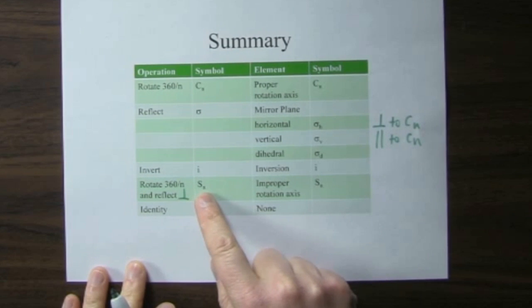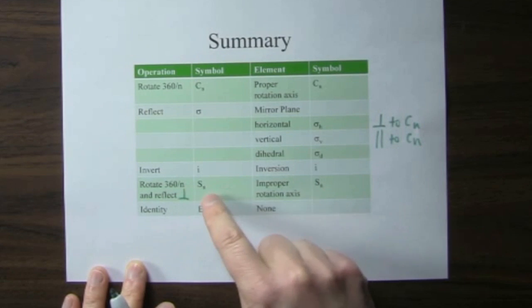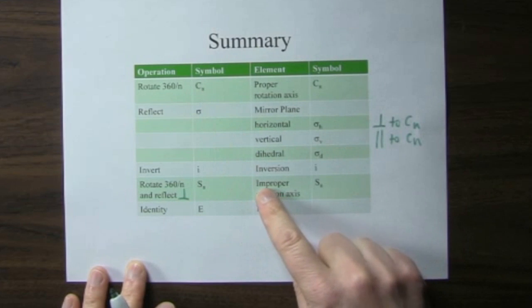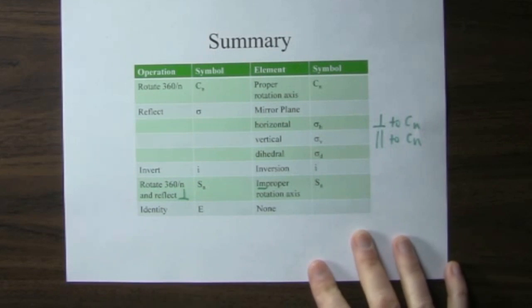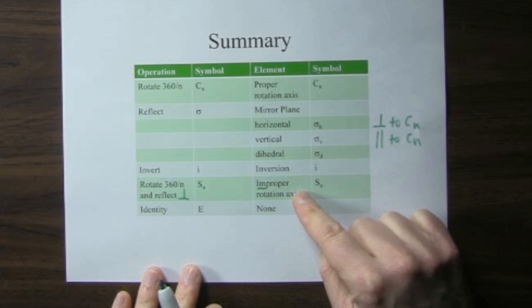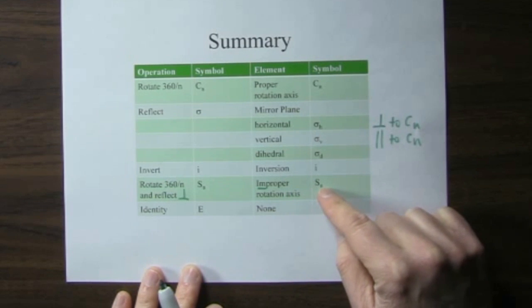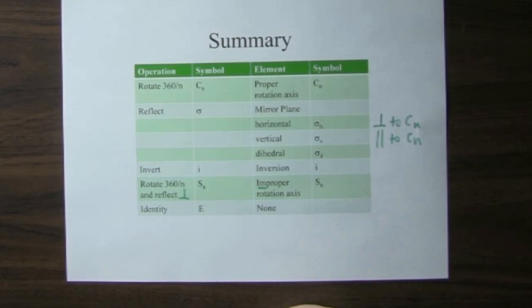This symbol is S sub n, so it's the same n index telling us what fraction of 360 we rotated. But then the S distinguishes it from the C, because this is not a proper rotation, this is an improper rotation axis, meaning, well, it's hard to see unlike the proper rotation axis, there is a rotation there, but it's hard to see because you also have to do the reflection in order to realize the full symmetry.